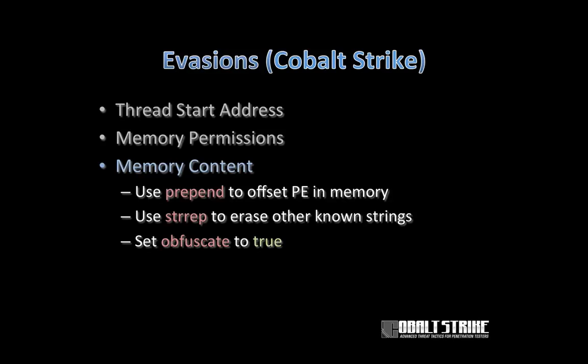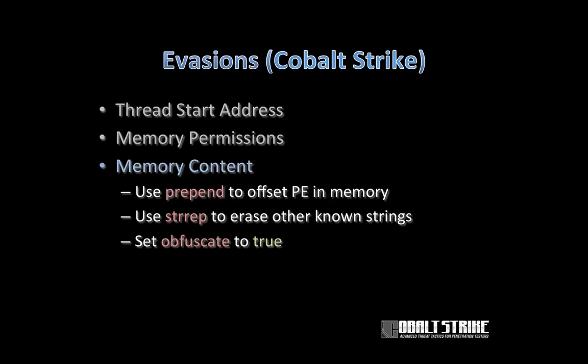It's very expensive to do that. Instead, they look for a DLL at different boundaries, like the beginning of a page or the beginning of a region of allocated pages. If you use the prepend directive and offset Beacon's DLL with instructions that do nothing, you will defeat some of these technologies that are designed to detect a DLL in memory and either flag an alert or deny an action.